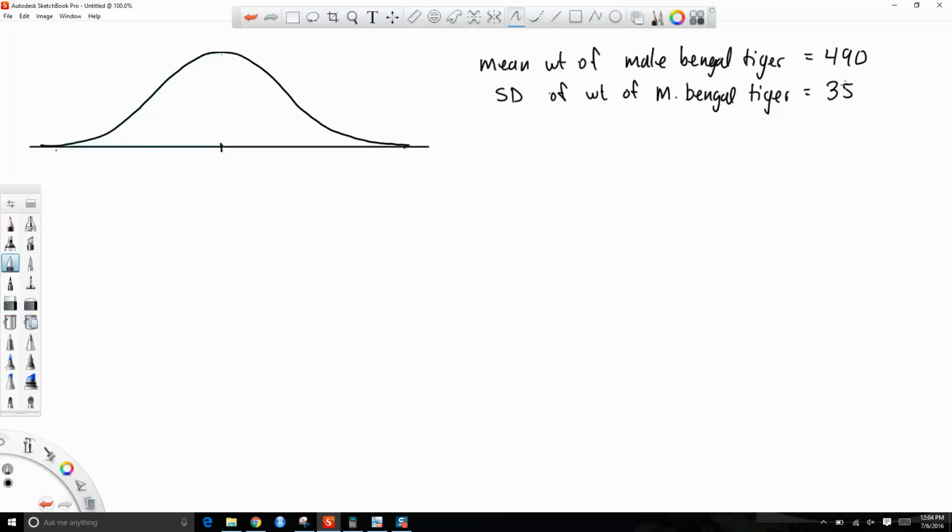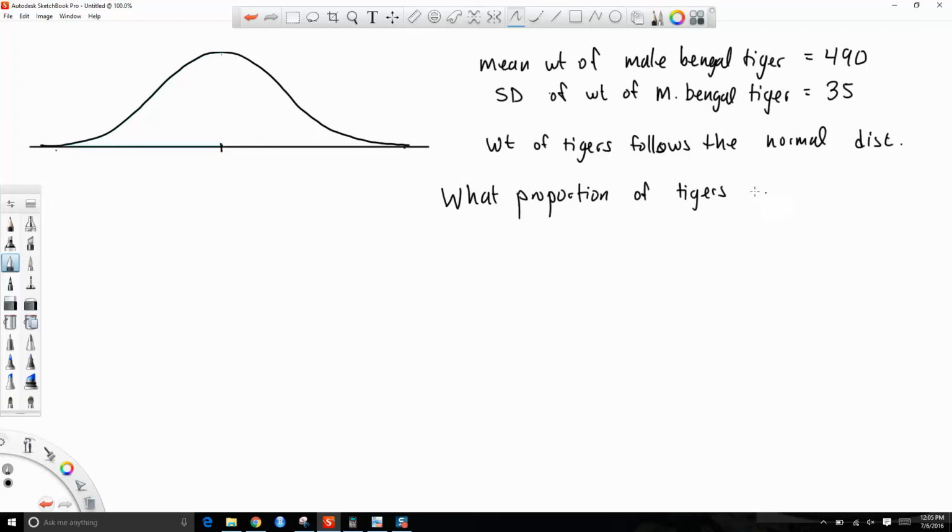Based on this information, and we'll say the weight of tigers is normally distributed, or follows the normal distribution, what proportion of tigers weigh over 500 pounds?